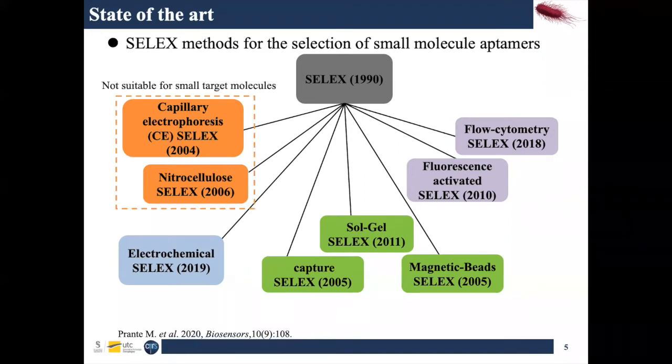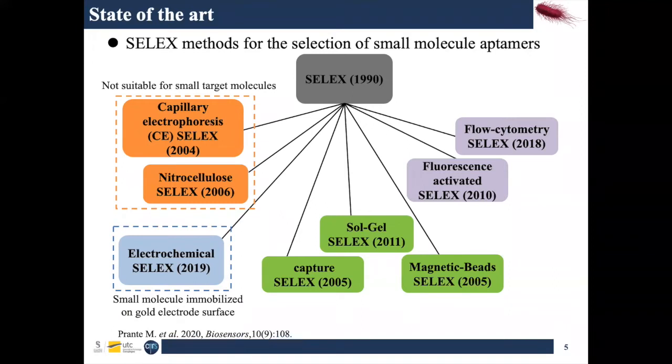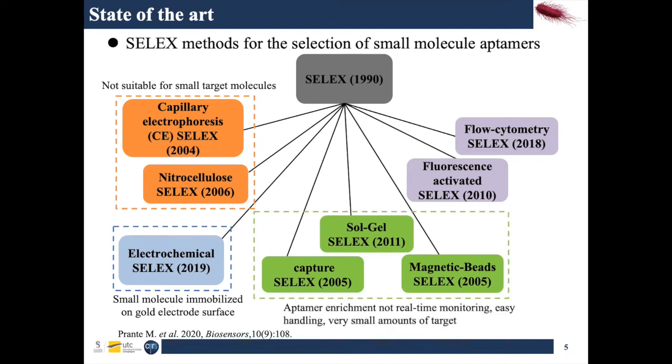As we can see, the first group is not suitable for small target molecules. And the second one, even though it can be used for small molecules, is used with a high cost, since the small molecule has to be immobilized on a gold electrode surface. And the third group, even though it is easy to handle, is used when the target is in a very small amount.